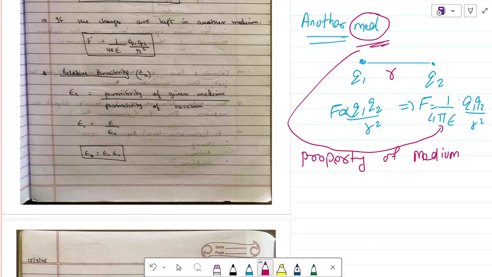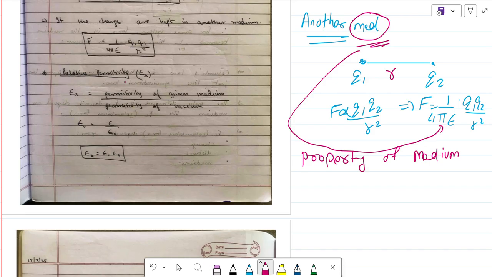It measures the permittivity of any medium with respect to vacuum. I'm repeating: relative permittivity measures the permittivity of any medium with respect to vacuum. Normal permittivity values are measured with respect to zero or absolute permittivity. Relative permittivity is measured with respect to vacuum.